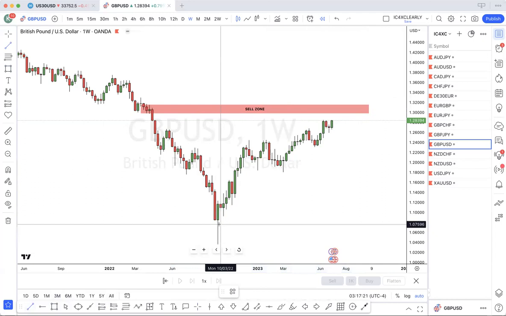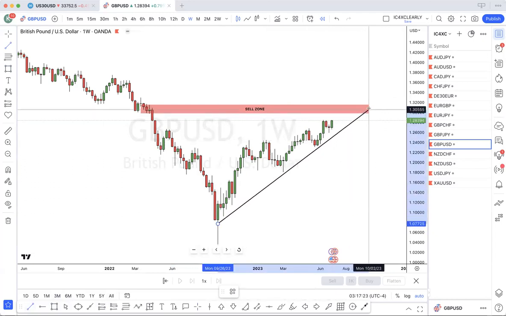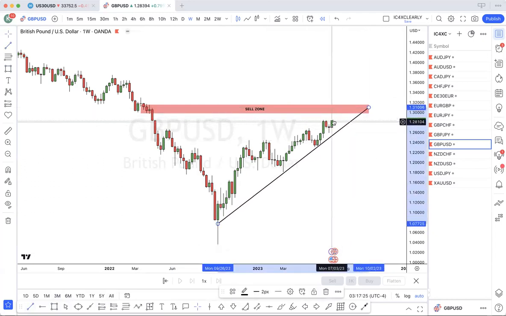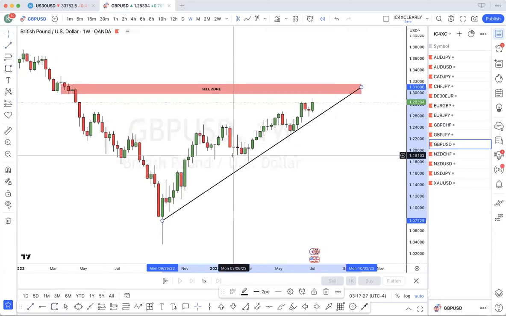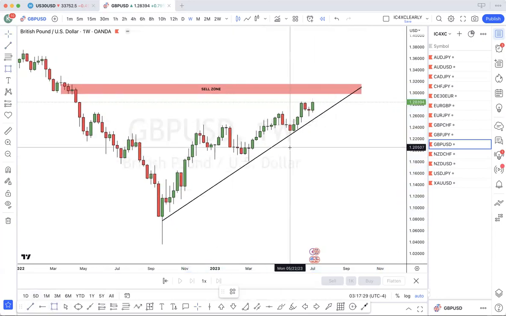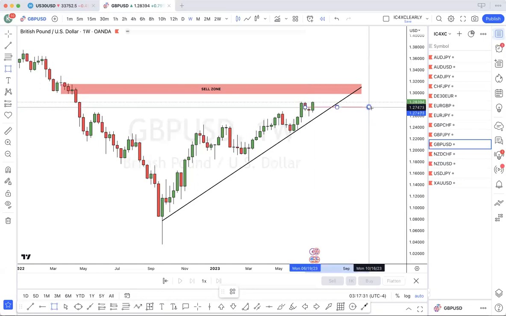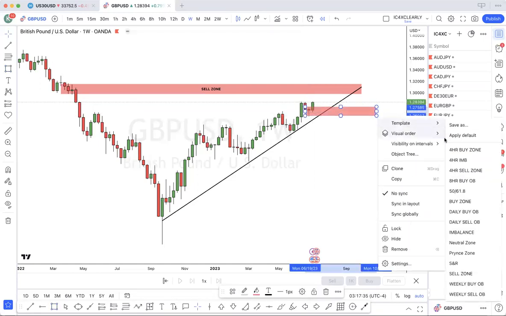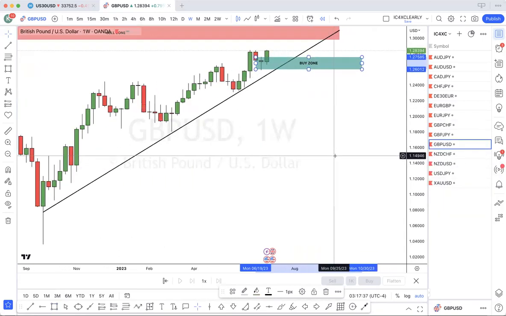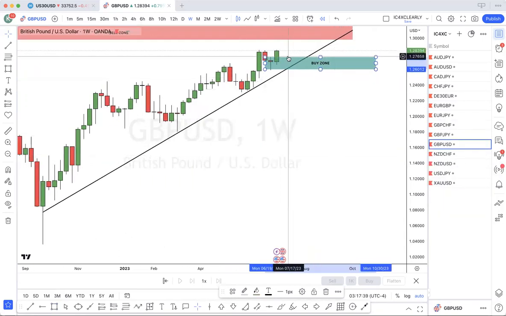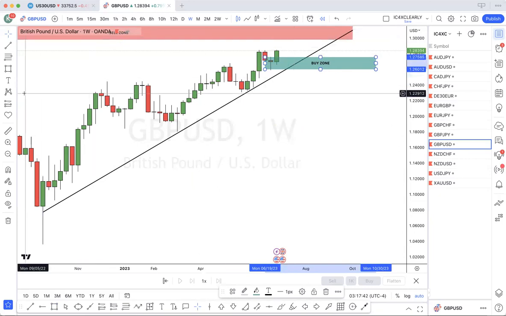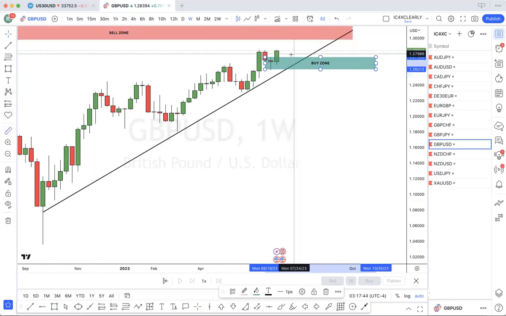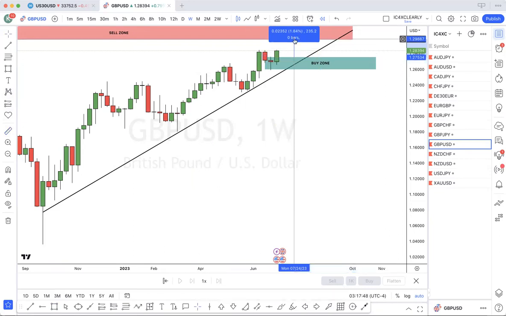Price is bullish. So I would be looking for price to pull back into this buy zone and continue buying up for about 235 pips.